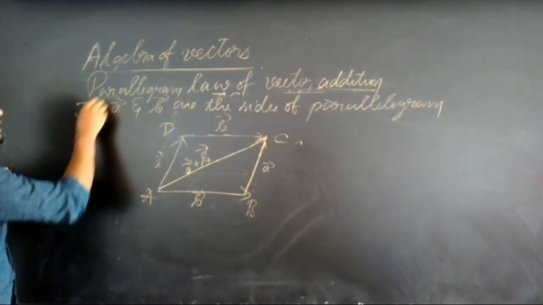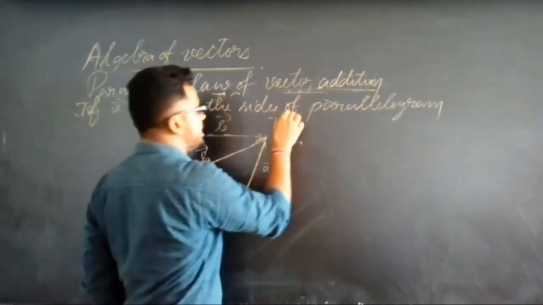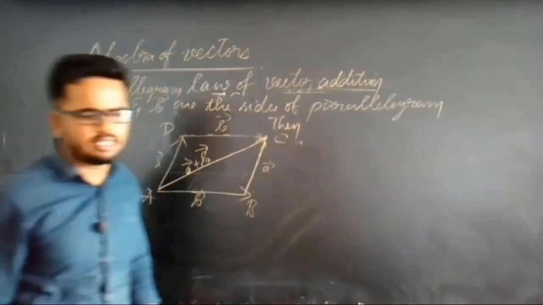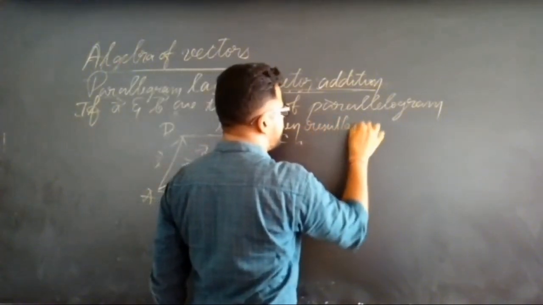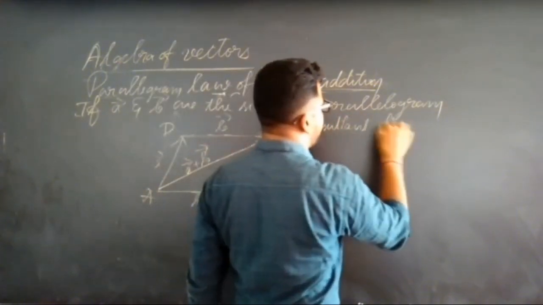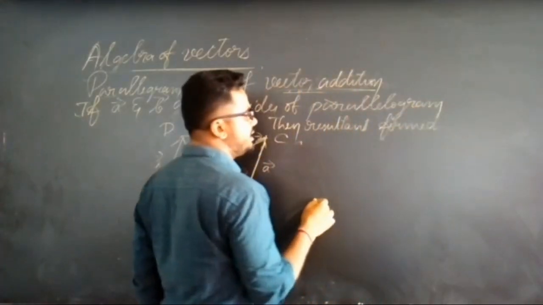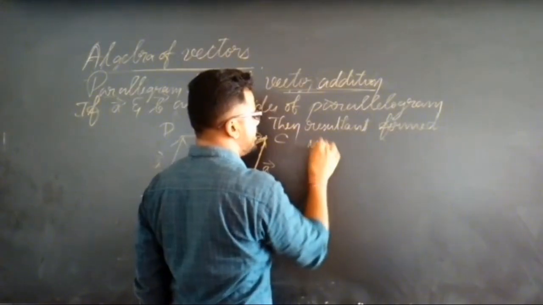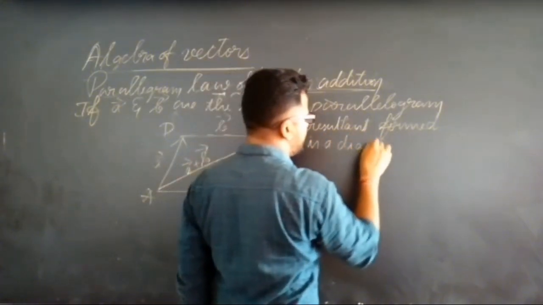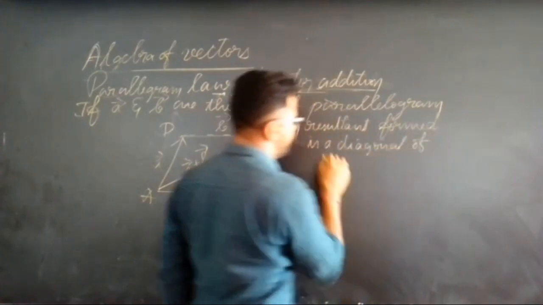If A and B are the sides of the parallelogram, then the resultant will be formed on the diagonal of a parallelogram.